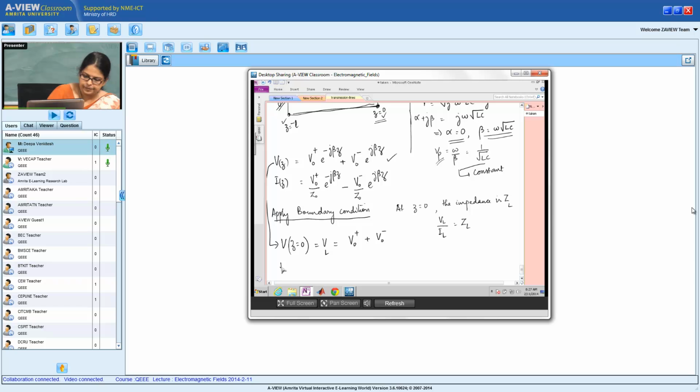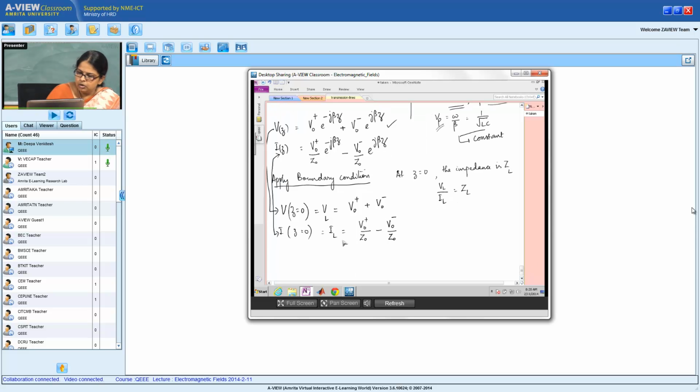Similarly, I at z equal to 0 is the current through the impedance, and I just substitute here in this equation and I get V0 plus over Z0 minus V0 minus over Z0. And the boundary condition is that the ratio of these two should be ZL.